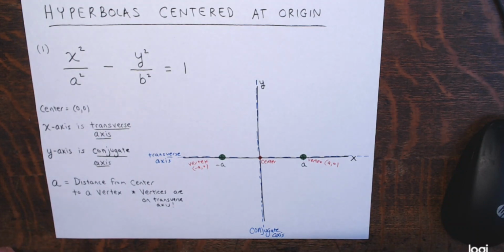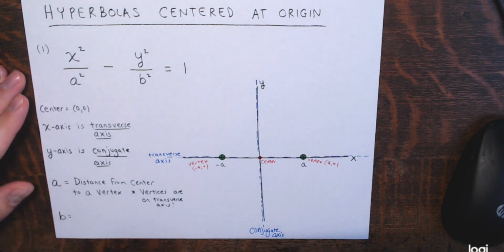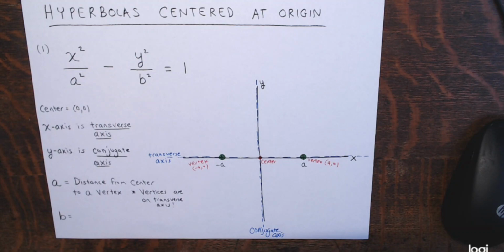All right, now for the value of b, in this case, b will give us the rise of the slopes of things called asymptotes, right? You've heard the word asymptote before: vertical asymptote, horizontal asymptote, slant asymptote.